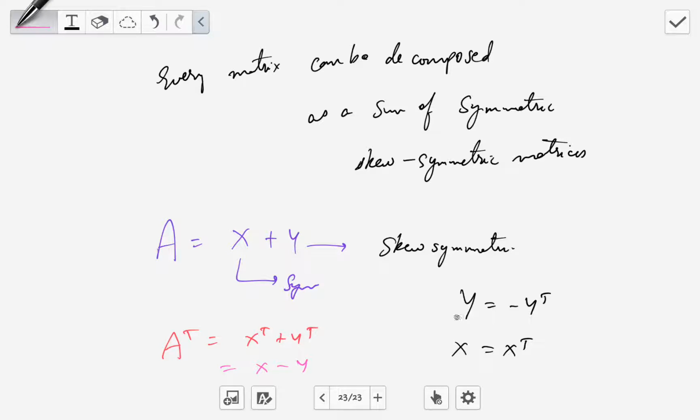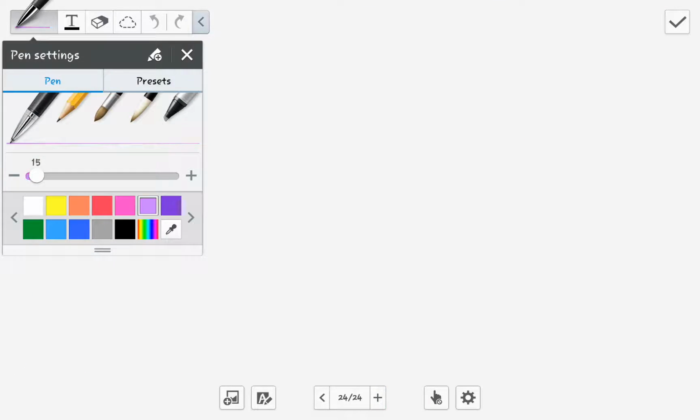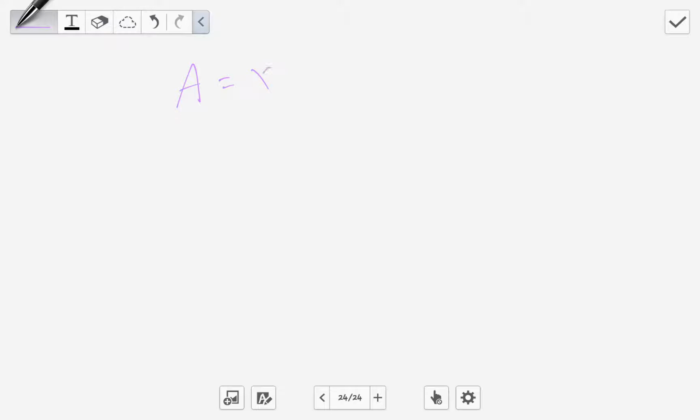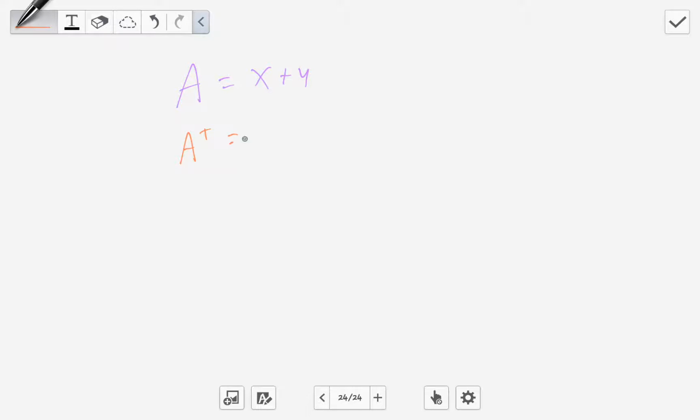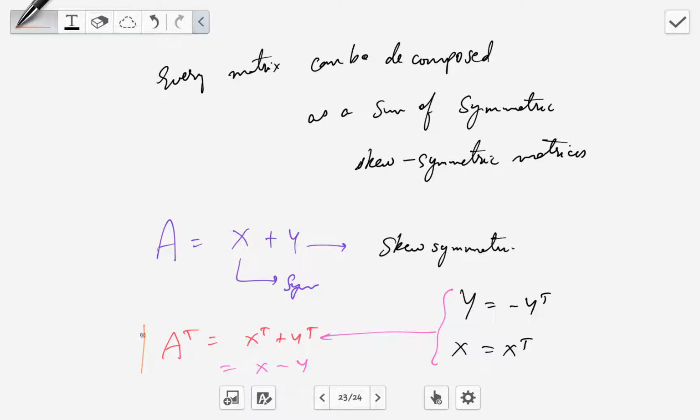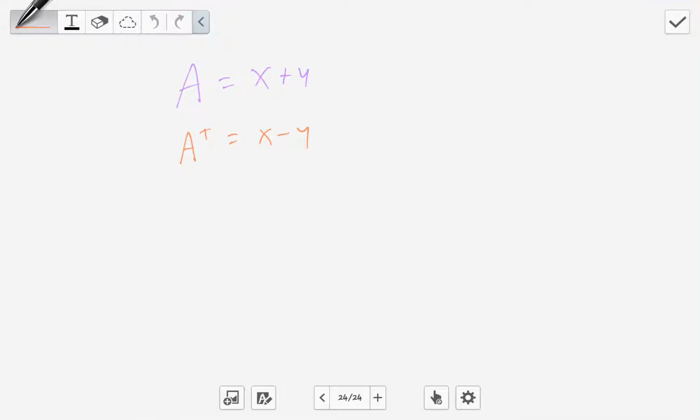So we have two expressions now: A is equal to x plus y and A transpose is equal to x minus y. Now solving, you get x is equal to A plus A transpose by 2 and y is equal to A minus A transpose by 2.